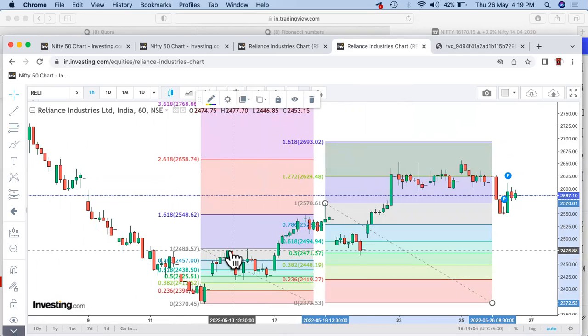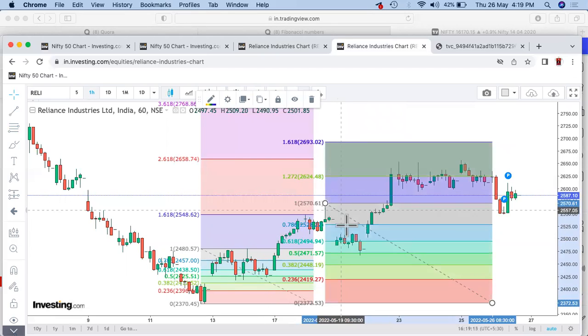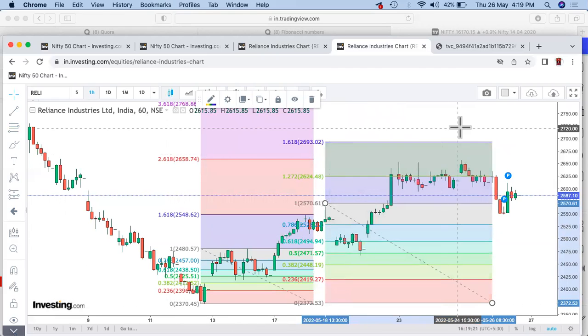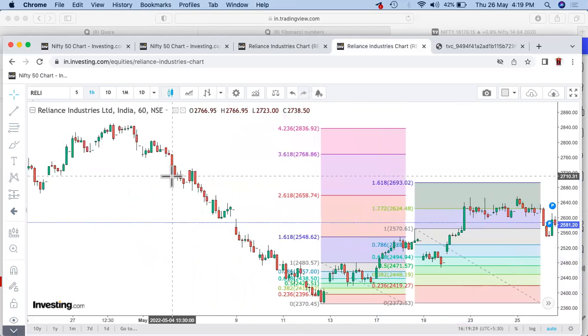Let's say, for example, we have this first leg, then second leg, third leg, fourth leg, fifth leg, and then we have a downward part, which is A, B, C. When this has been formed, probably this becomes your one complete entire leg. So this is 1, this is 2, and then this can be 3, 4, 5, and then A, B, C, something like that, right? So Fibonacci depends upon various parts and from various levels.